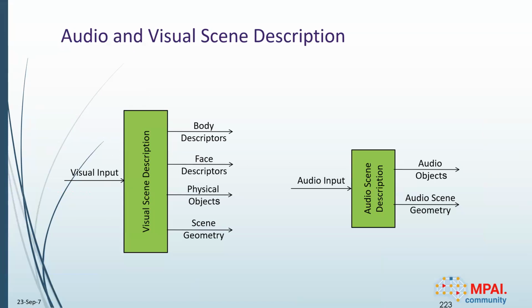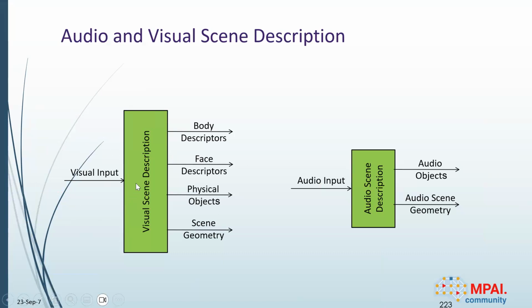So let me start with a few examples of how we can define the functionalities of the many pieces that we need. So this is the visual scene description that I have referred to several times in the use cases. So we have a visual input.